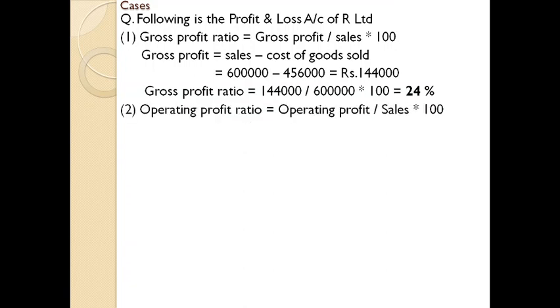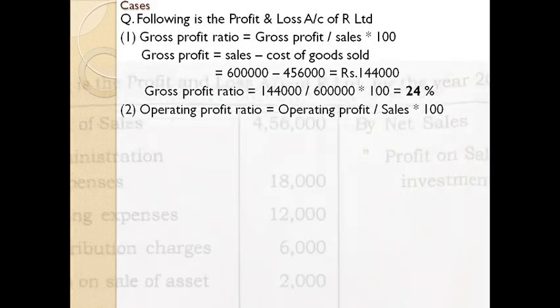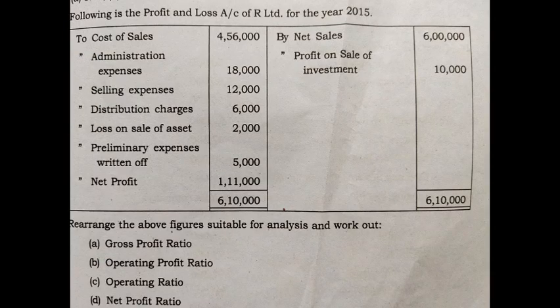Next one, operating profit ratio. The equation is operating profit divided by sales into 100. Let's see the question. It's a profit and loss account, and it doesn't have any information regarding operating profit, because it's just a typical profit and loss account.